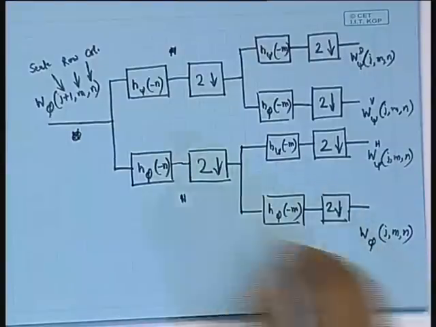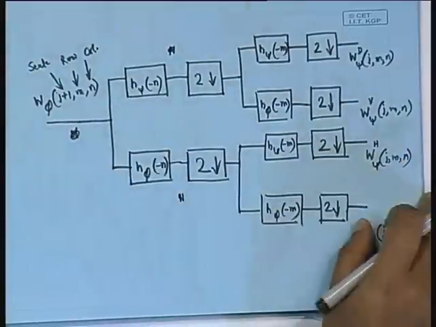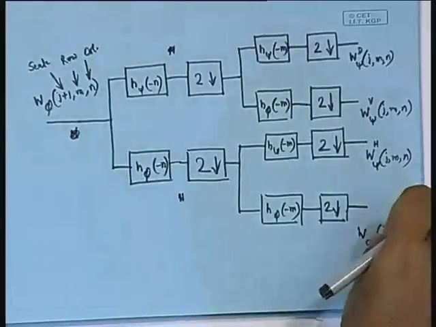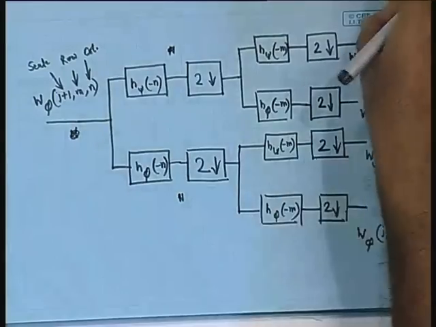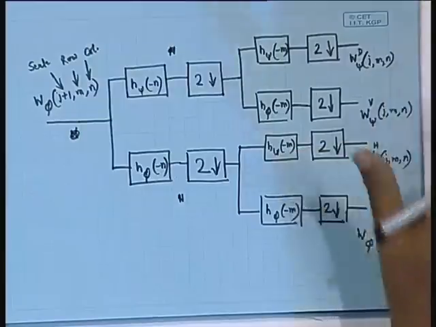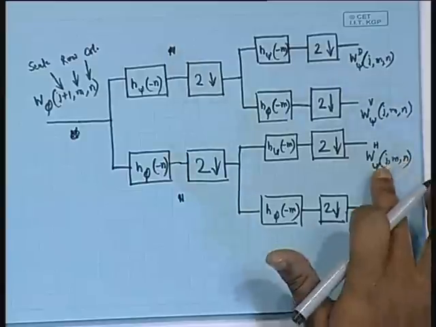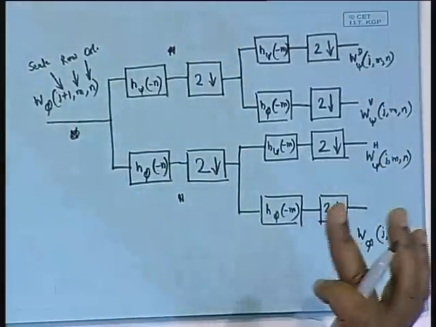So, logically what we should do is to partition this subband, and mathematically also it is very easy, because now having obtained W phi j mn from W phi j plus 1 mn, I can use this W phi j mn as the starting point to the next one and obtain 4 subbands over here at the j minus 1 scale. So, here I will be obtaining W psi j minus 1, W psi v j minus 1, W psi h j minus 1, here I will be obtaining W phi j minus 1.